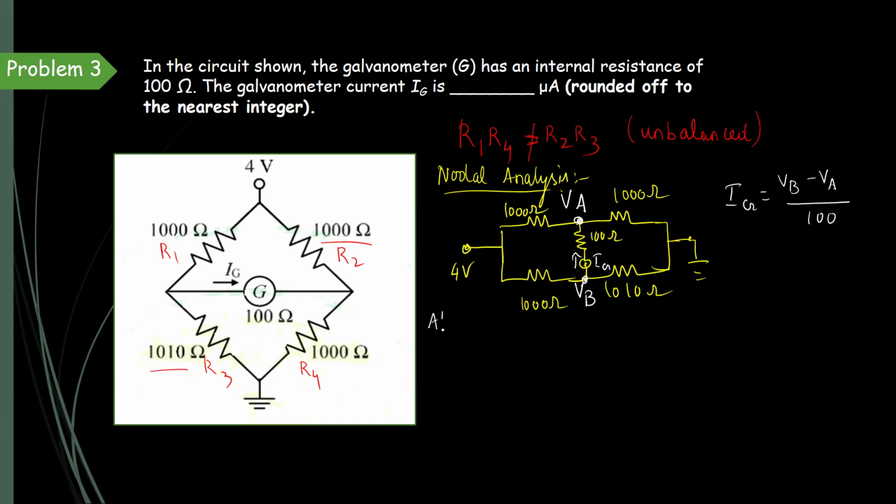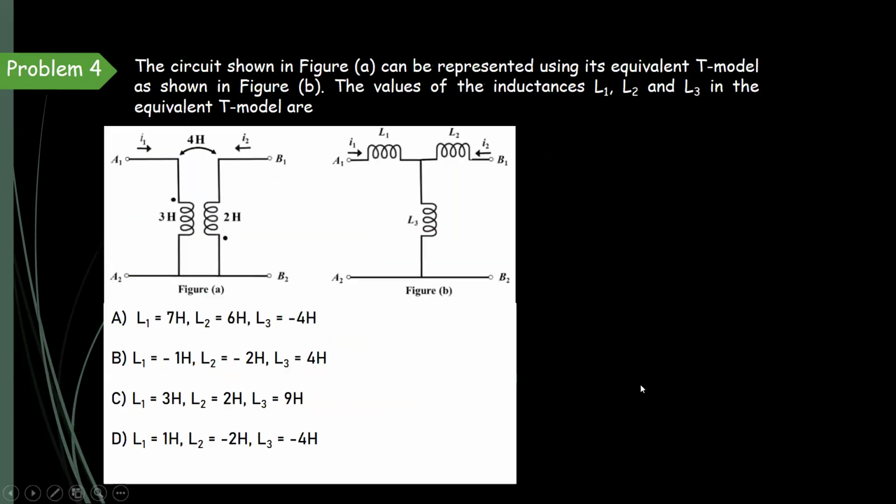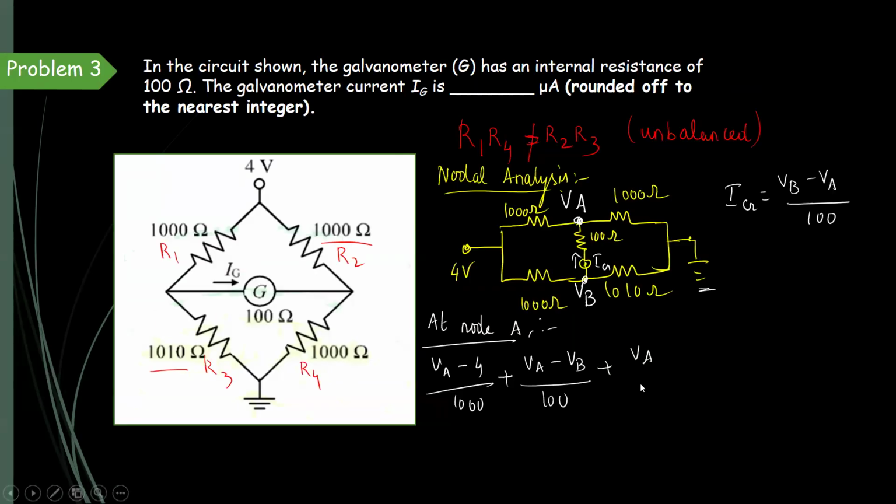So at node A: (VA minus 4) by 1000 plus (VA minus VB) by 100 in the middle branch, plus VA by 100, plus VA by 1000 equals 0.